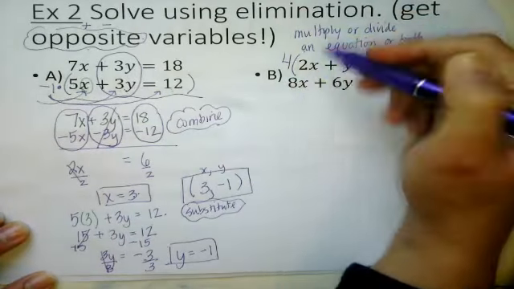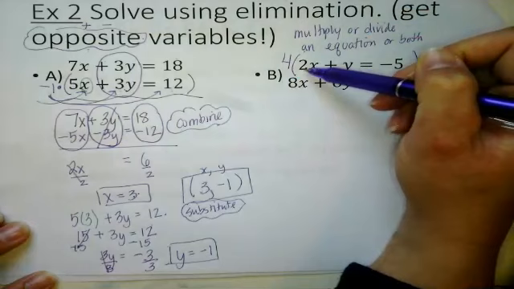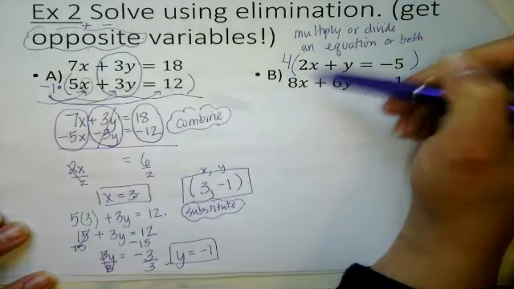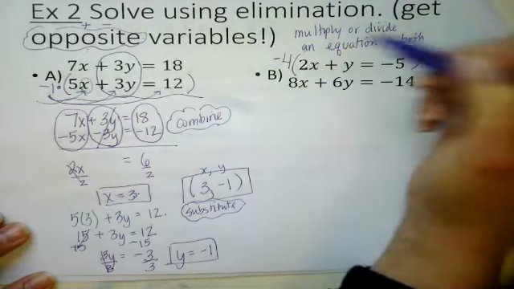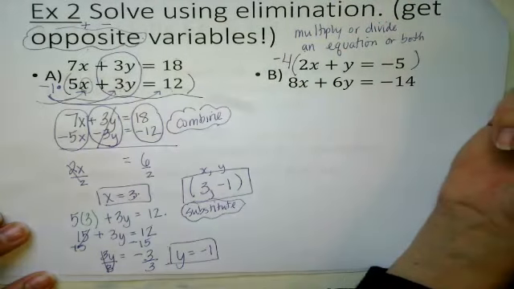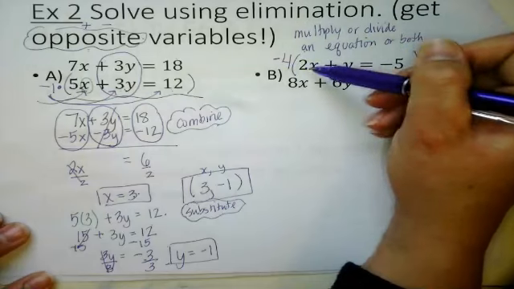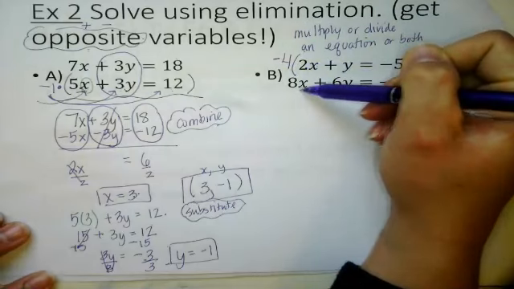If I multiply by 4, then I would have an 8x and an 8x. Well, I need them to be opposites. So I'm actually going to multiply the top equation through by negative 4. That way I'm going to get a negative 8x. And down here we have the positive 8x.